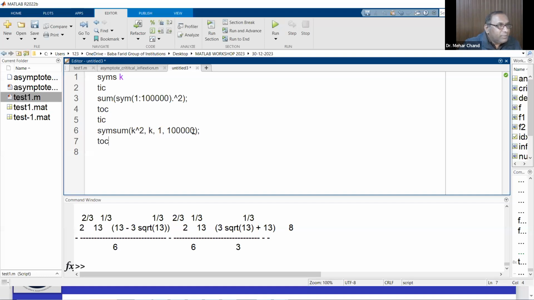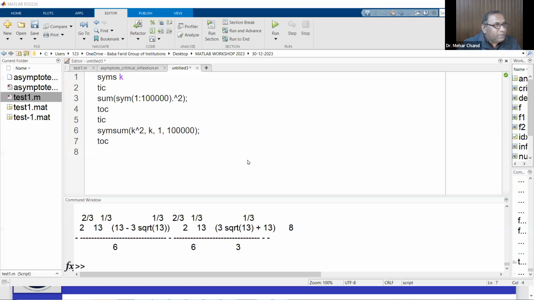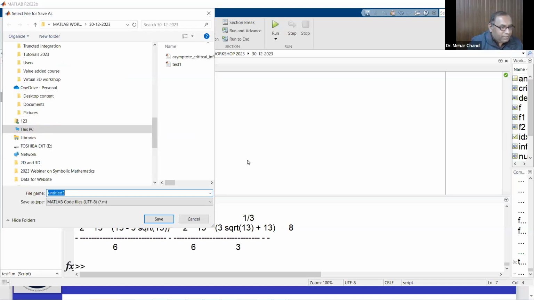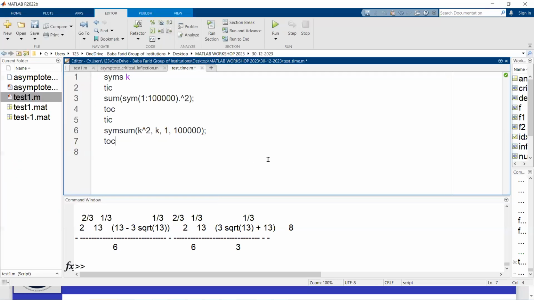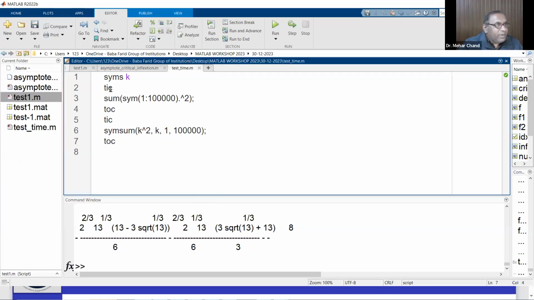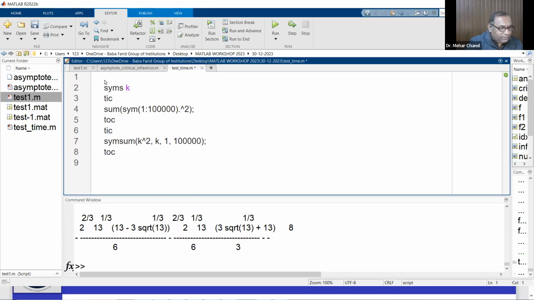Okay, now the file is correct. First you need to save this file. I save the file with the name test time, and the file will be automatically saved in my current directory. When you execute this file, clc and clear. Okay. Now run the file.